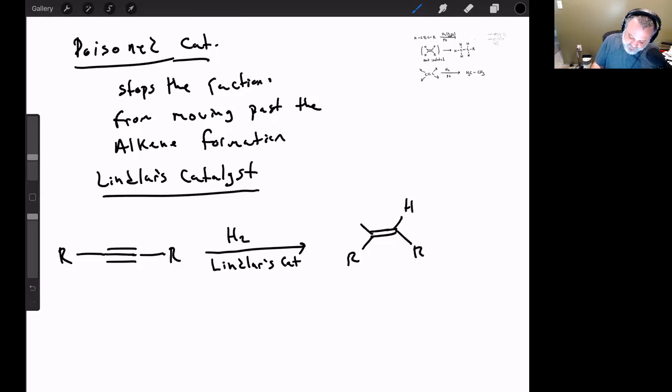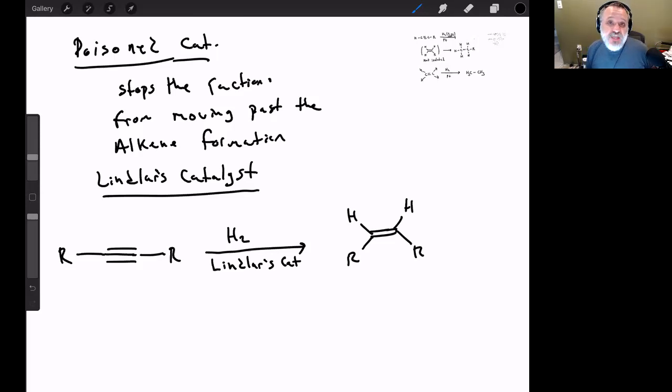Again, it's the cis alkene, but this is the final product. The final product is the alkene with the two hydrogens added in a syn fashion. So the stereochemical outcome is that we're going to produce a cis isomer. But this is as far as this reaction goes.